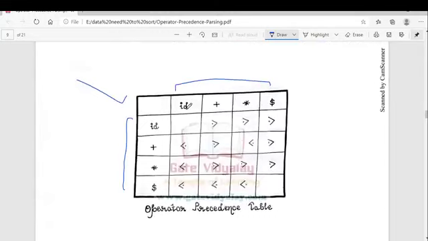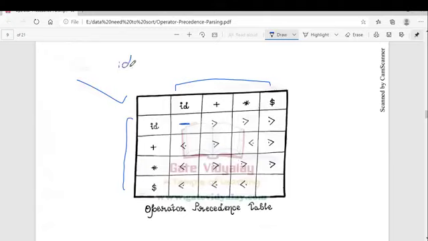Like id is a pair of terminal. Id and id are equal and both have the same precedence, so we don't have to write down their relations. Secondly, id and plus.